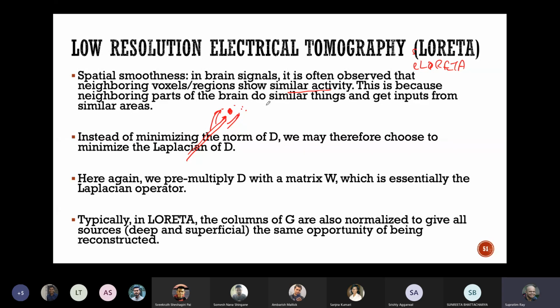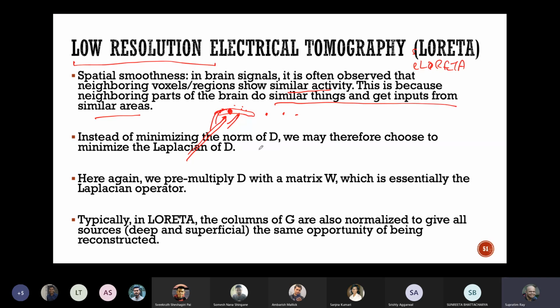This is because neighboring parts of the brain actually do similar things and get inputs from similar areas. So the source space, not the sensor space, the source map is usually very diffuse. It won't have very sharp points. It's like a very low resolution image in the source space. Okay, so that's where this name comes from.